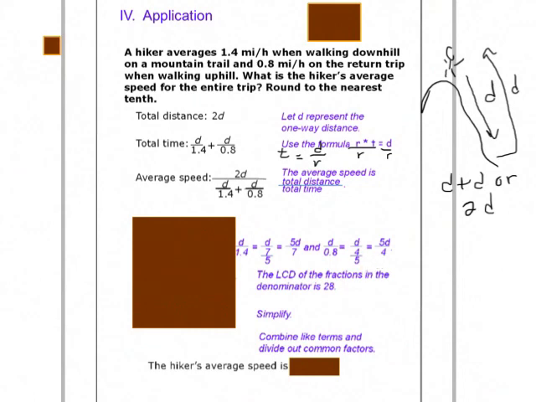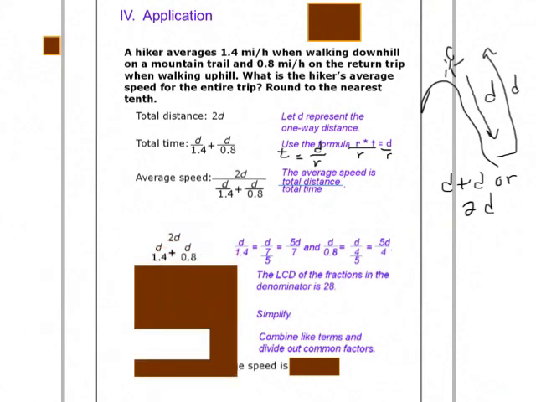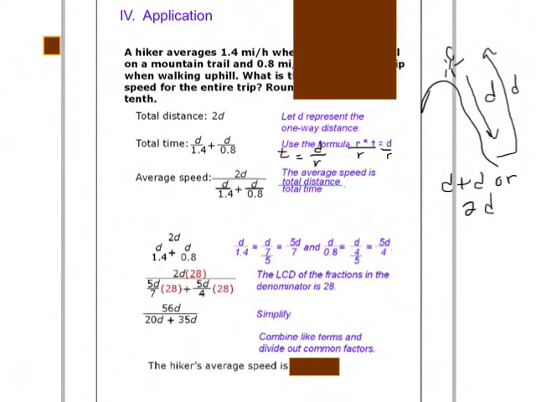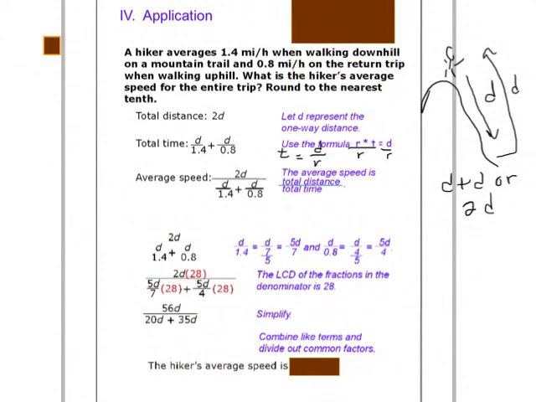Okay, so now compare. See this 7 and this 4? What's the common denominator between 7 and 4? Well, you just multiply them together. 7 times 4 is 28. So I'm going to multiply the top by 28, and multiply both bottoms by 28, and in doing so, I make it look like this.